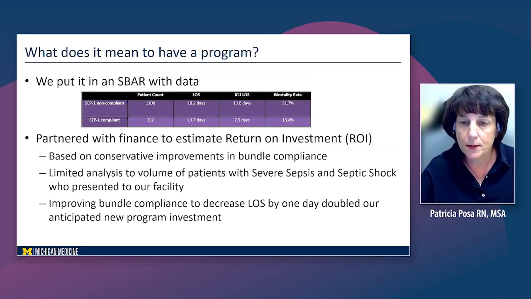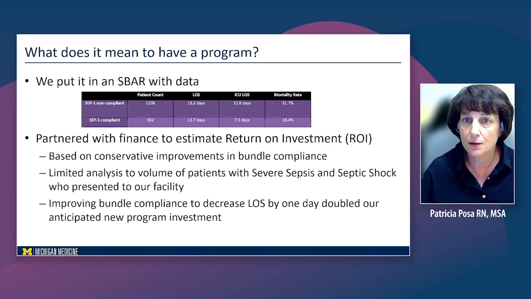So again, we put an SBAR together to request the different components of a sepsis program, and it was beyond just the sepsis coordinator that we were requesting right during COVID. So the data we supplied, you can see here identified on the screen, looking at if we were compliant with SEP 1 or non-compliant, what was the difference in outcomes of interest: length of stay, ICU length of stay, and mortality rate.